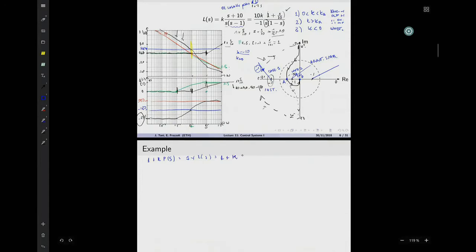We can put it: K, (S plus 10) over S times (S minus 1). Of course, it doesn't matter at this point which form you use. So this means that the polynomial is S times (S minus 1) plus K times (S plus 10) equal to 0. This means it's S squared plus (K minus 1) S plus 10K equal to 0.